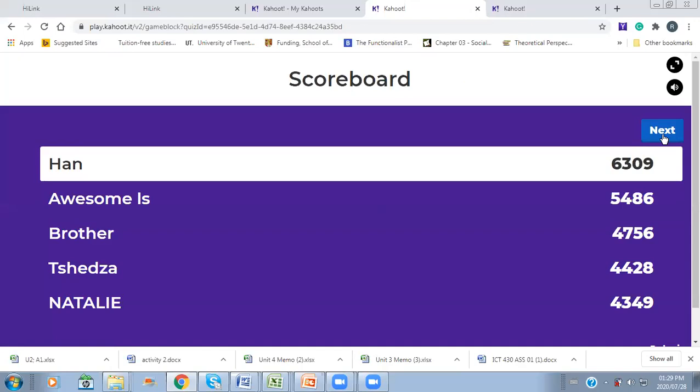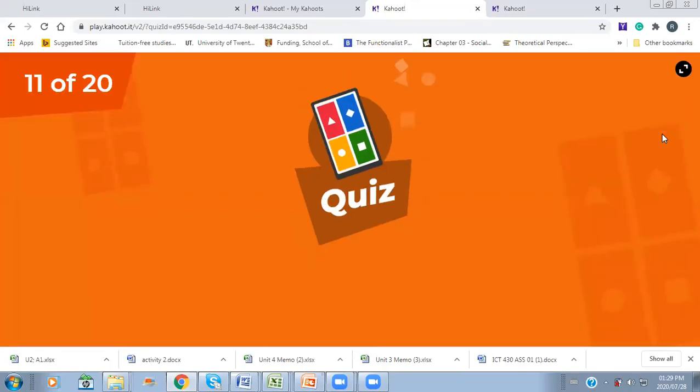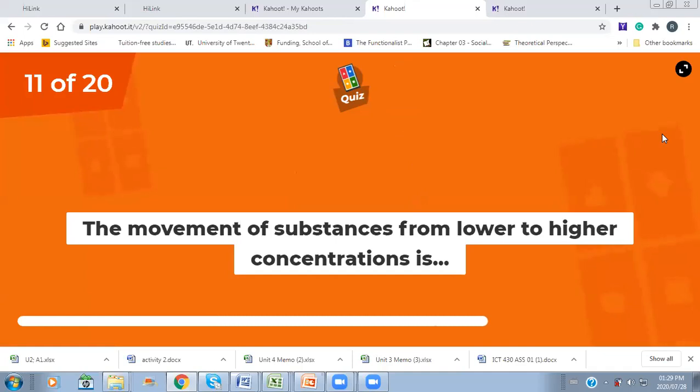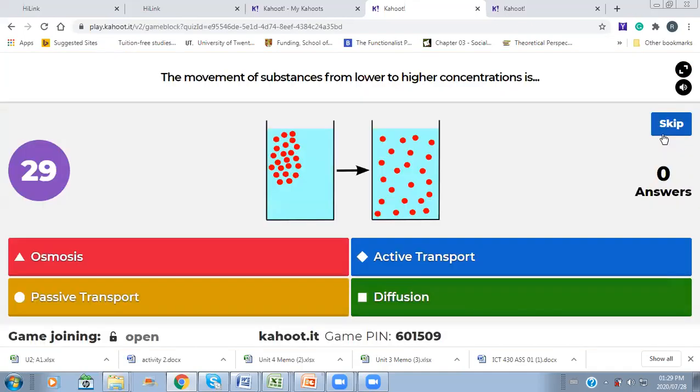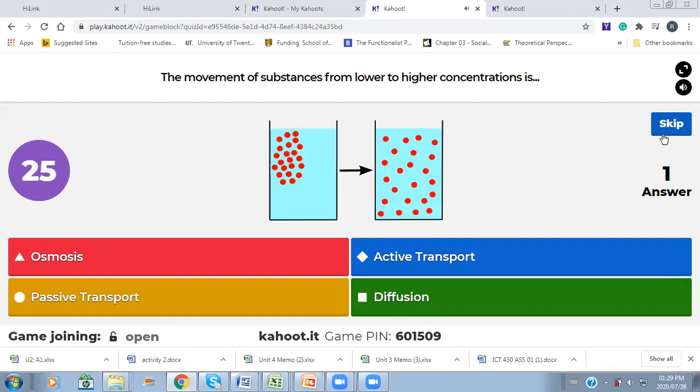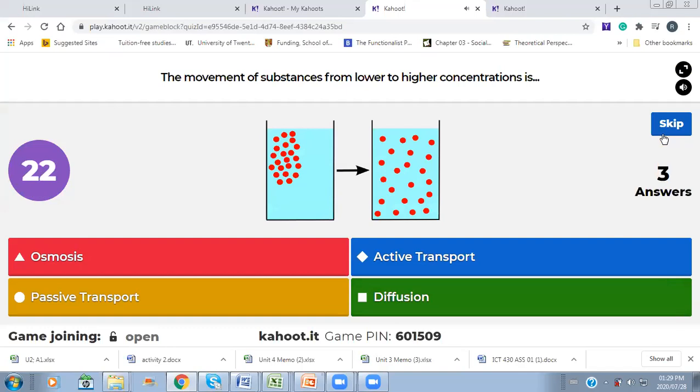Okay, so here it means Han was the first person to answer, followed by the rest. I can see that the marks are very close. The movement of substances from lower to higher concentration is from lower to higher concentration. It's not from higher to lower. So check.